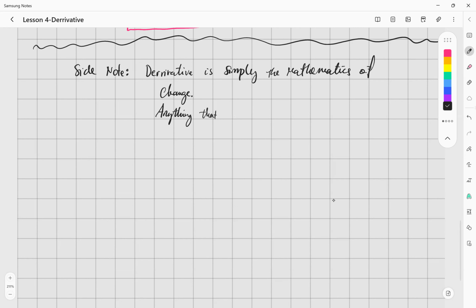Okay, so anything that changes can be... oops, same problem. Or something's wrong with my pen for some reason. Hold on. Change can be described using derivative.